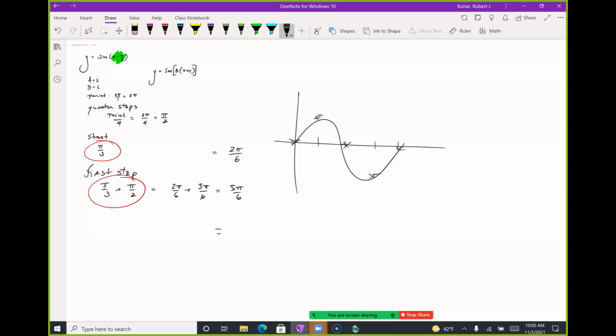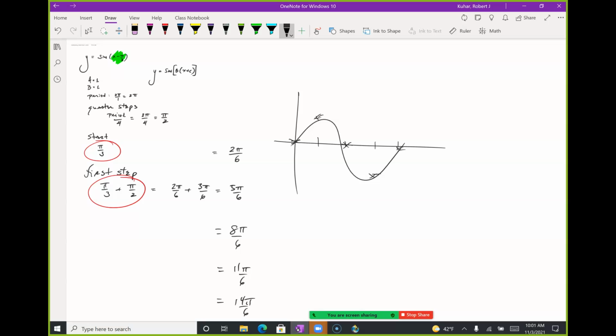Some multiple of pi. Oh, 3 pi. So the next ones are going to be 8 pi over 6, 11 pi over 6, 14 pi over 6.